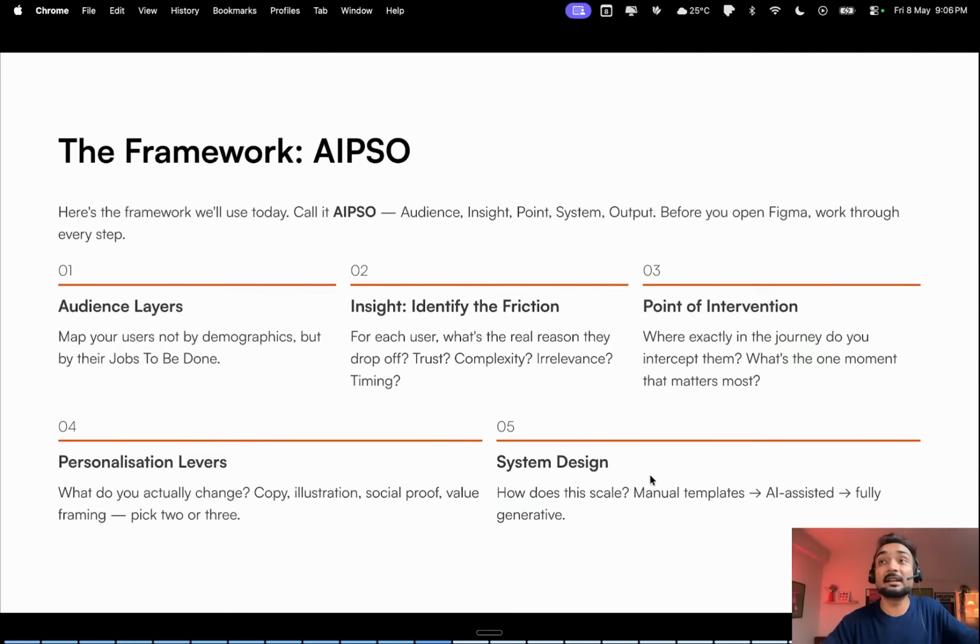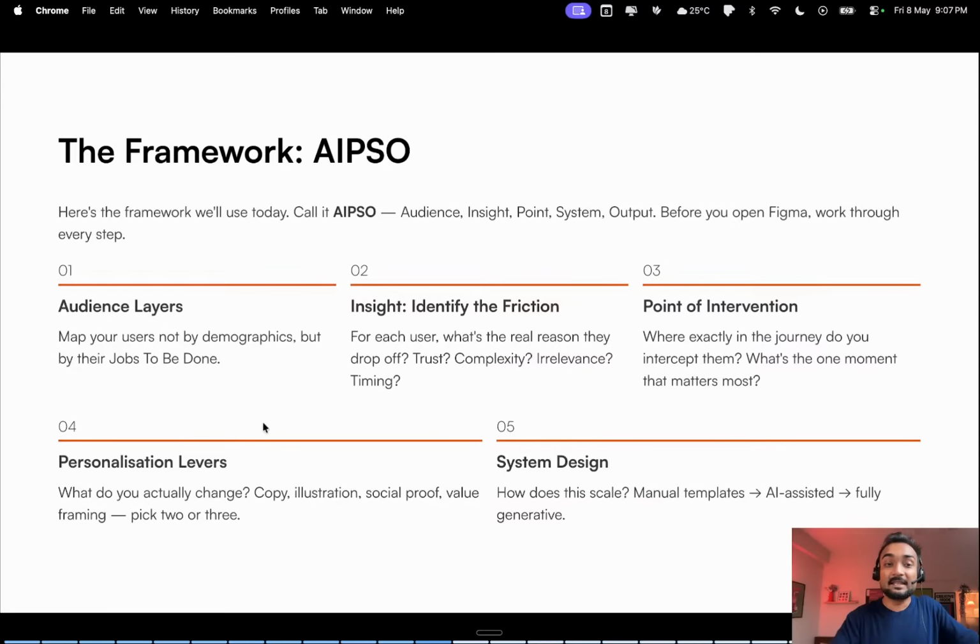We create some templates, use AI and the KYC data that we have of the consumer to come up with an AI assisted feature, or we go full blown generative AI. We figure out a way to just ask people two or three questions on the onboarding, and then we give them a full blown custom onboarding. Could be, I don't know how that will look, but we are just brainstorming right now.